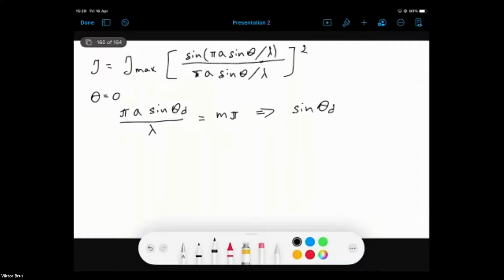So sine theta dark is equal to m times lambda divided by a, and m is plus minus 1, plus minus 2, and so on.